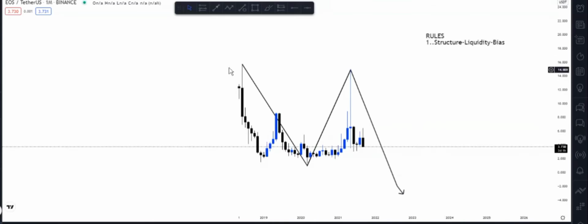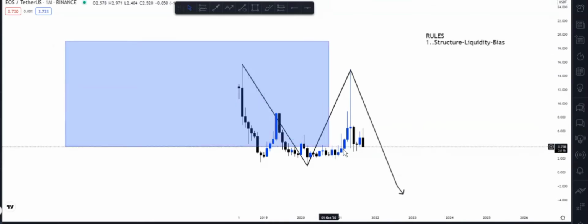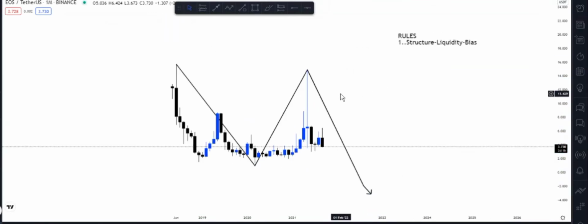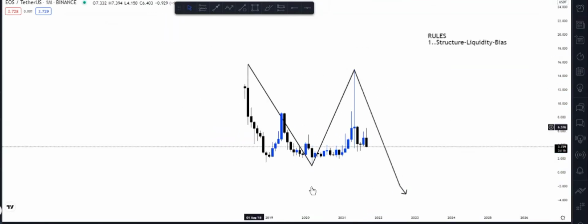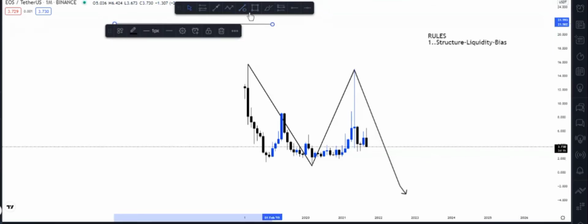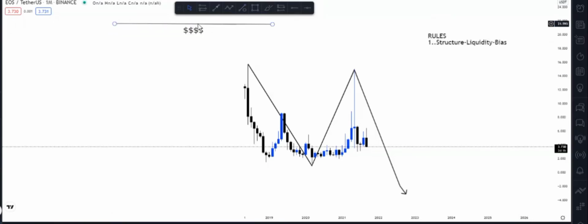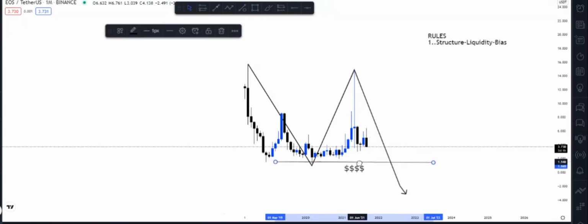It's clearly telling us that yeah, it's a downward trend, and I really respect that. So how do I look for liquidity? Since it's a downward trend, liquidity is the lower low, and this is the lower low. Let me just drag this.